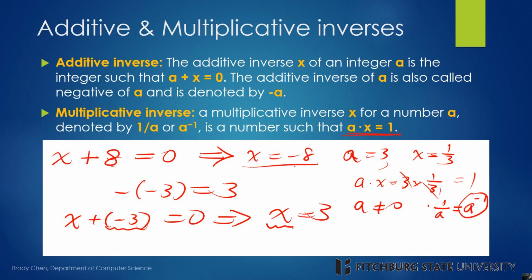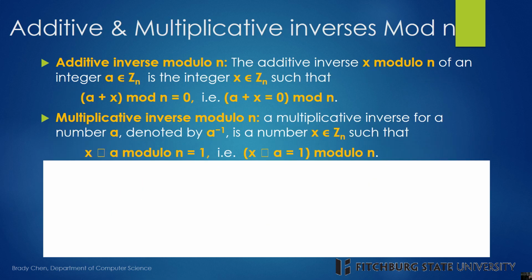It's 1 over a. Now let's compare the additive and multiplicative inverse modulo n and in the regular sense. First, let's define the additive inverse modulo n and see the difference in the definition.